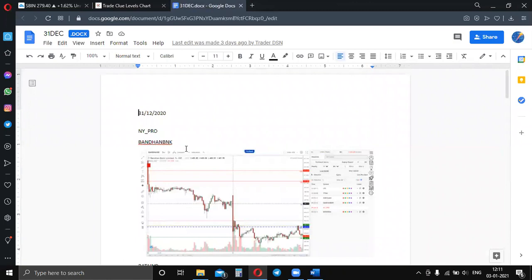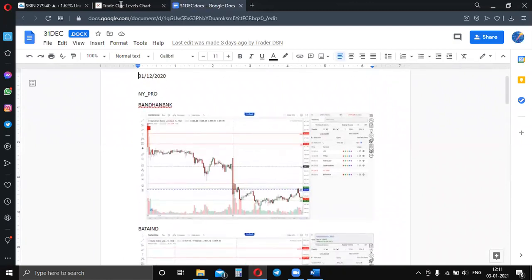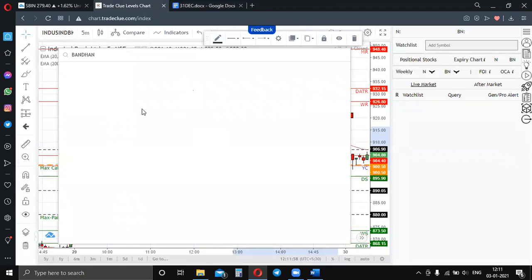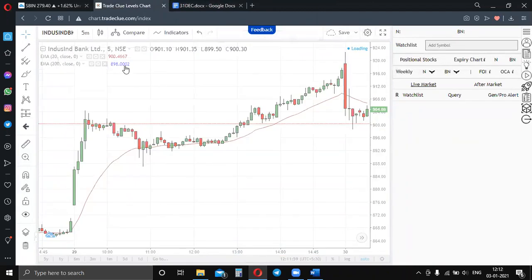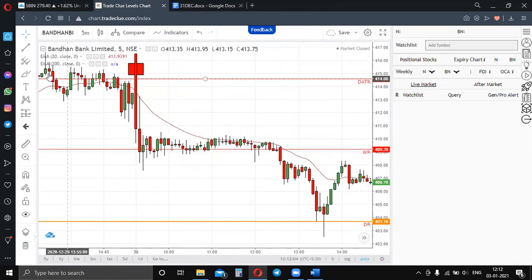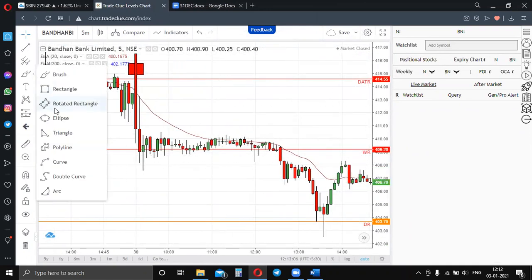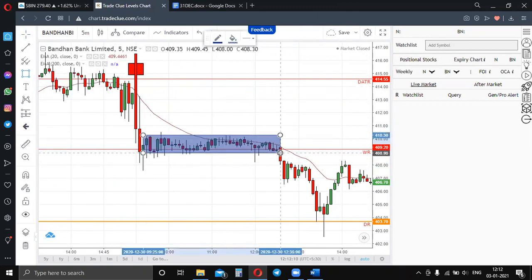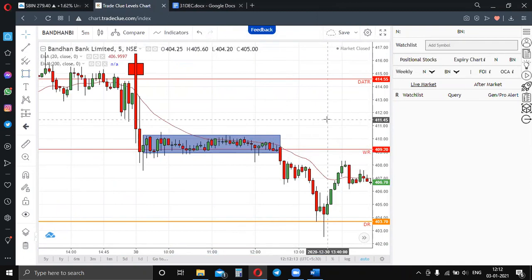On the 31st, we had Bandhan Bank in NY Pro. This is the 30th. Now see here, what happened? For the entire time, it was in a very strong consolidation.